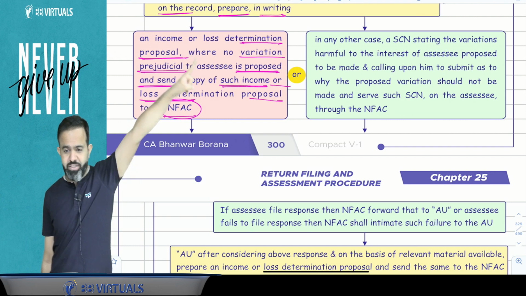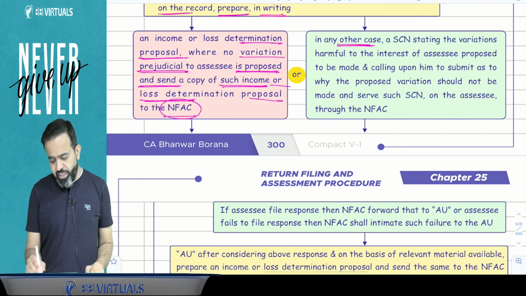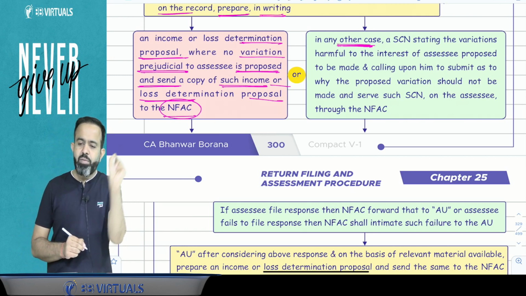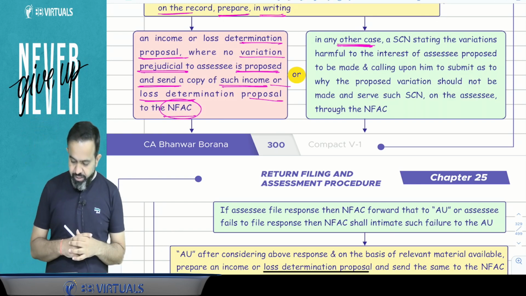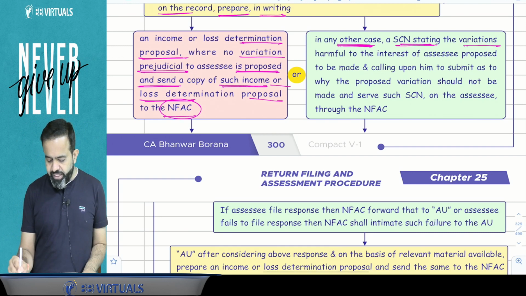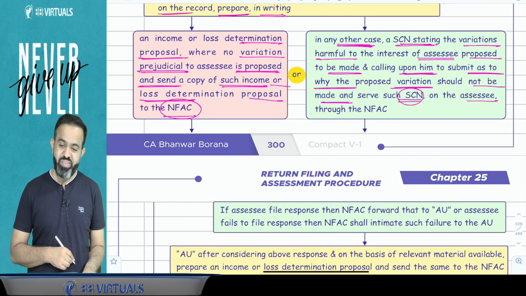But suppose in the second case, in any other case, the assessment unit is going to do something bad with the assessee, meaning they are making a proposal that is harmful for the assessee. Then what will happen? In any other case, a show cause notice stating the variation harmful to the interest of the assessee proposed to be made, and calling upon him to submit as to why the proposed variation should not be made, is served on the assessee through the NFAC.